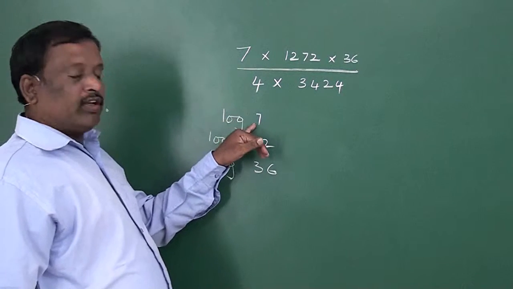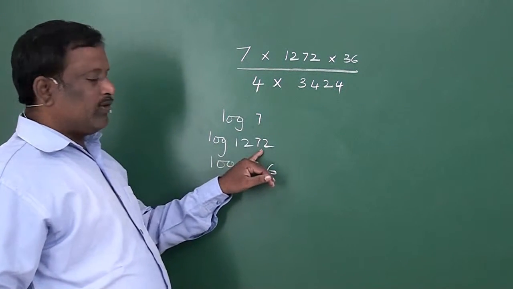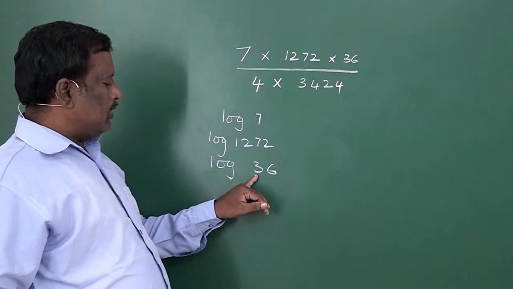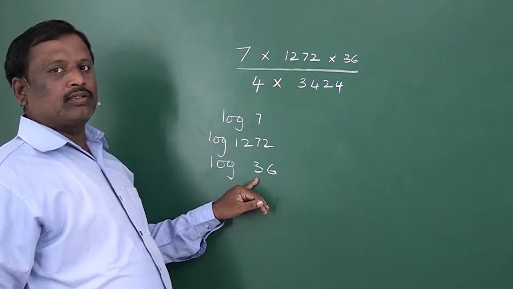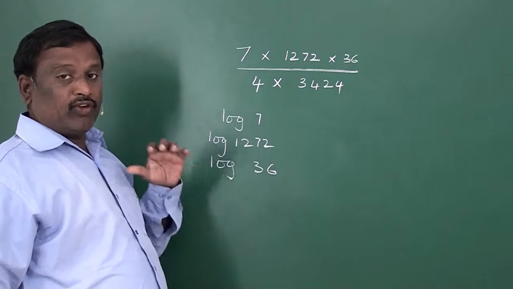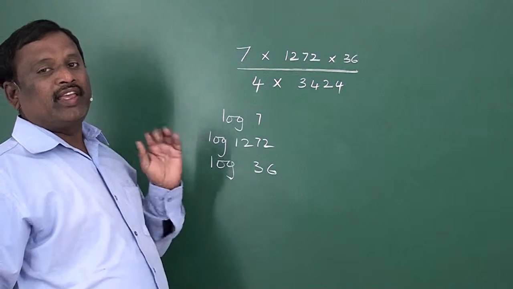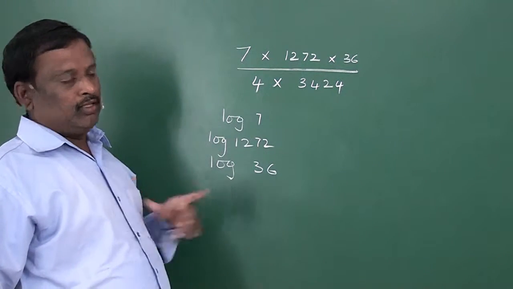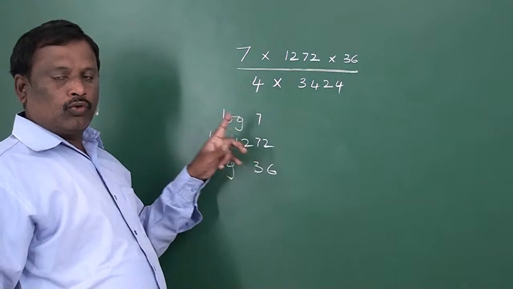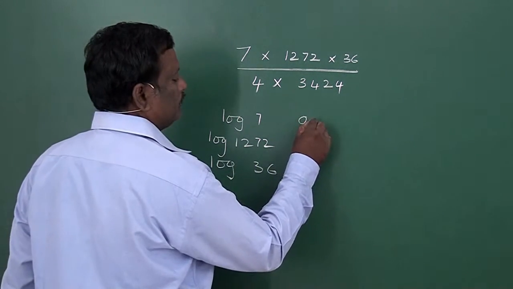Here in 7 only 1 digit is there, in 1272 you have 4 digits, and in 36, 2 digits are there. If the number of digits is n, the characteristic will be n minus 1. Here for 7, n is equal to 1, so the characteristic will be 0.